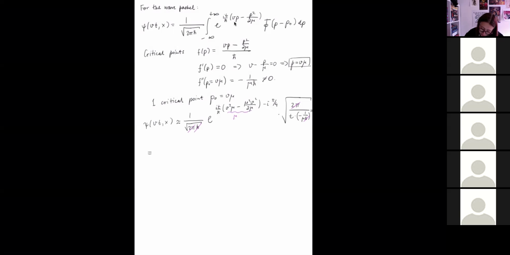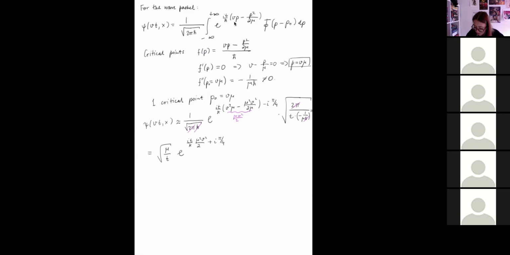Here we're left with mu v squared over 2. Then what we arrive at is mu over t square root, e to the power it h bar mu squared v squared over 2 plus i pi over 4.